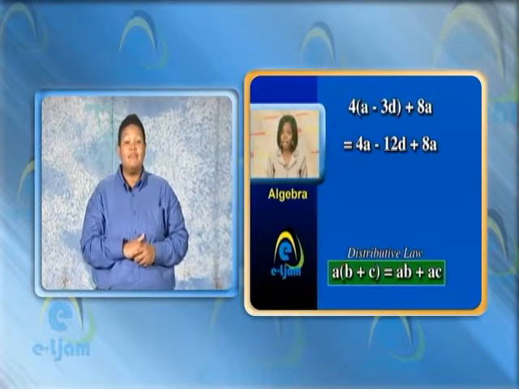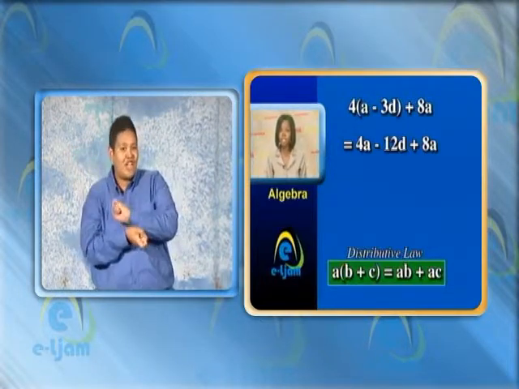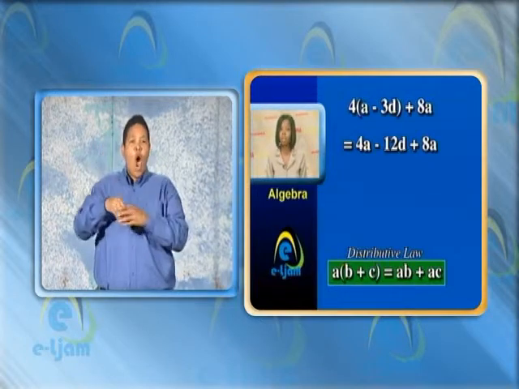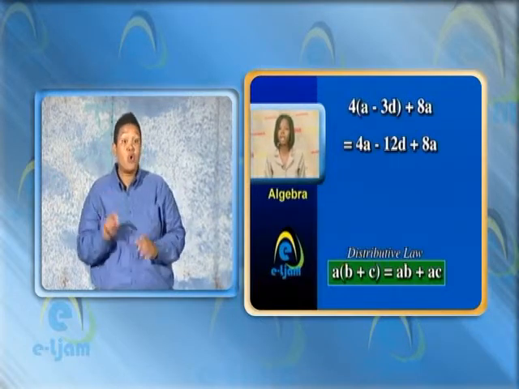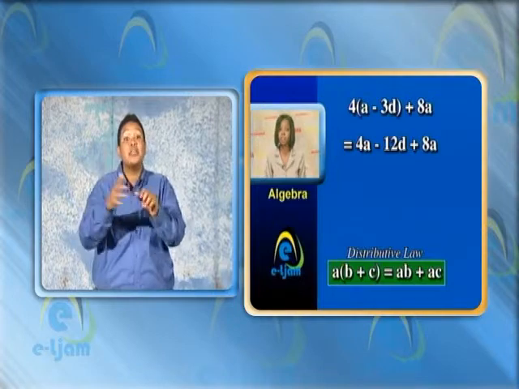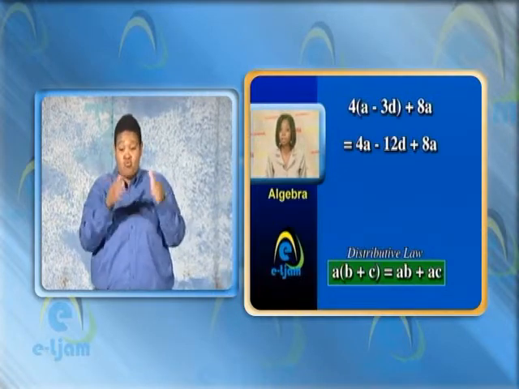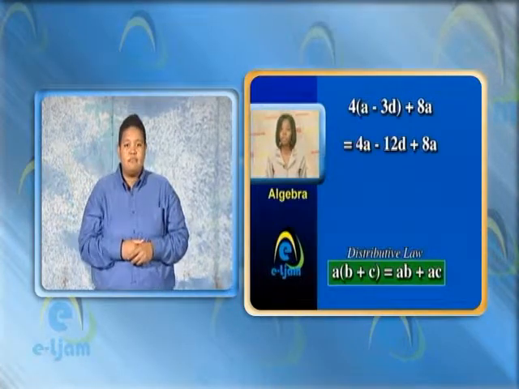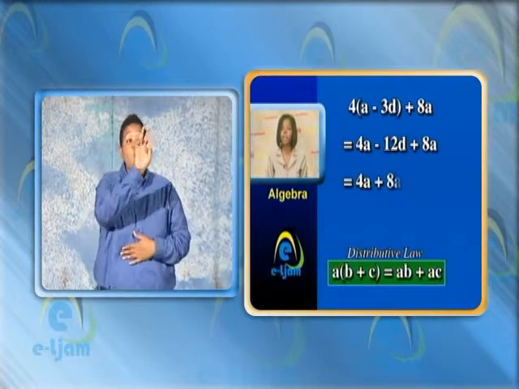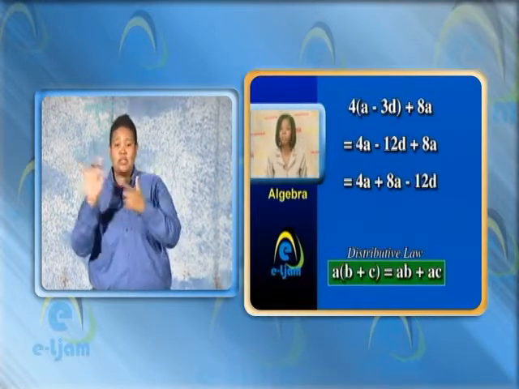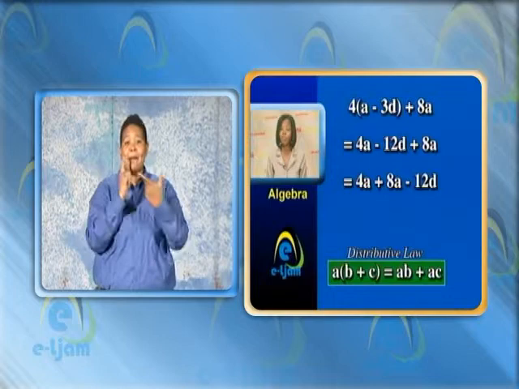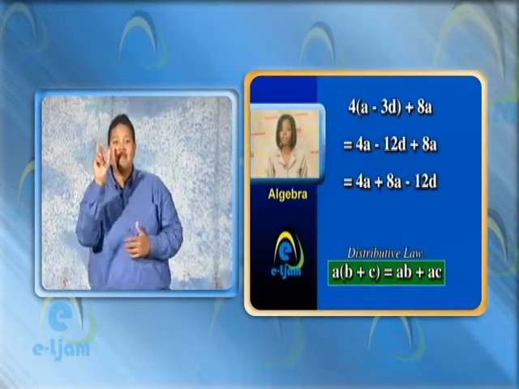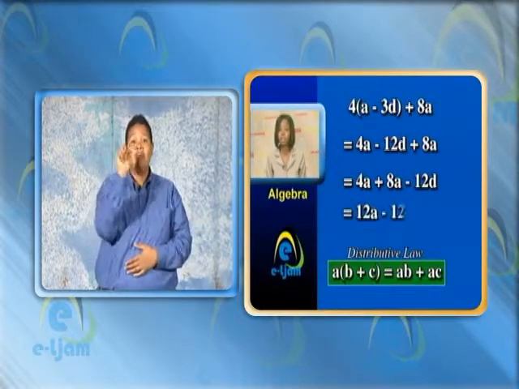The 8a has not changed as it is not inside the brackets. Now that we have removed the brackets, we can continue as in the previous examples. So we group our like terms. Therefore, 4a minus 12d plus 8a becomes 4a plus 8a minus 12d, which can be simplified to 12a minus 12d.